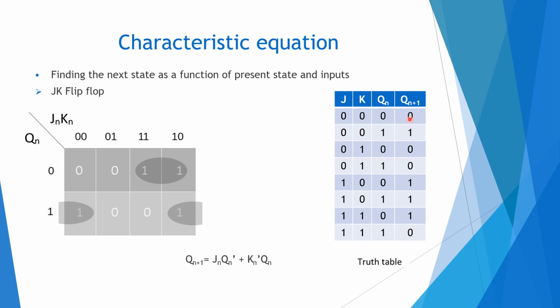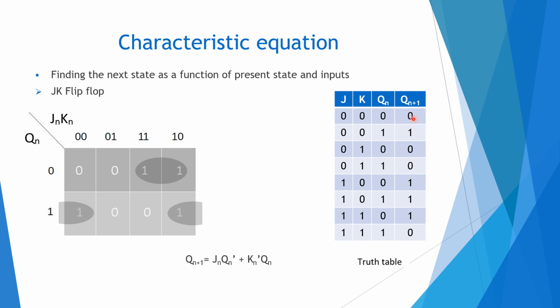So we can write this in a K map, a 3 variable K map with Jn, Kn, Qn. As I already told earlier, you should have knowledge about combinational circuits and K maps, finding the output equation with a K map. This is the output, Qn plus 1.